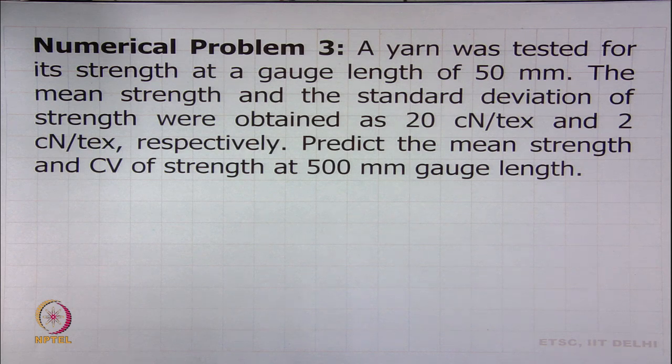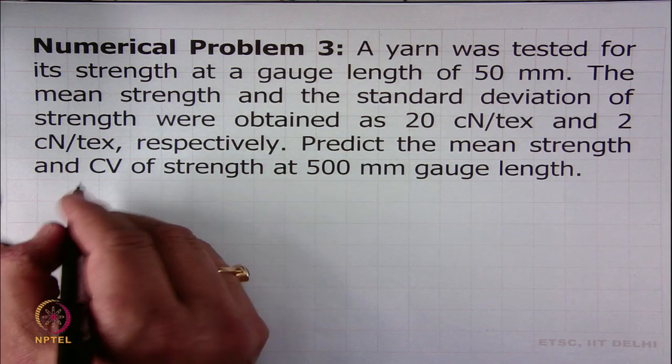The mean strength and the standard deviation of strength were obtained as 20 centinewton per tex and 2 centinewton per tex respectively. Predict the mean strength and CV of strength at 500 millimeter gauge length. This is direct application of Peirce problem.